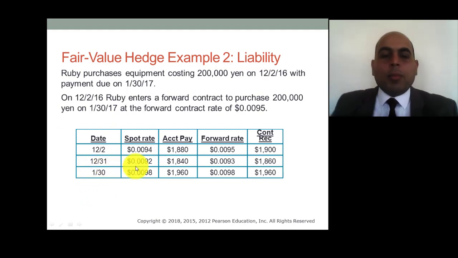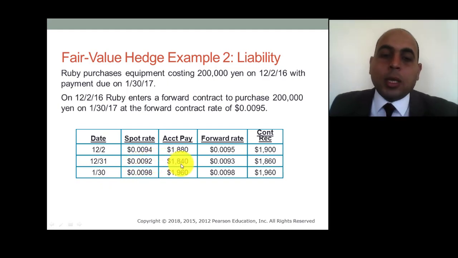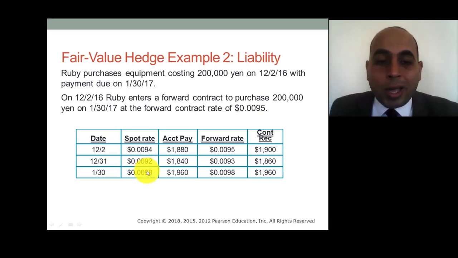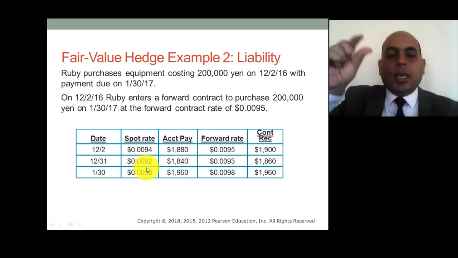Okay, let us continue to see what happened on 30 January, the settlement date. Here, the amount we owe was already adjusted to 1,840 on the date of preparing the financial statement. But on the settlement date, the spot rate has increased from 92 to 98. So when we buy the 200,000 yen, the exchange rate has increased.